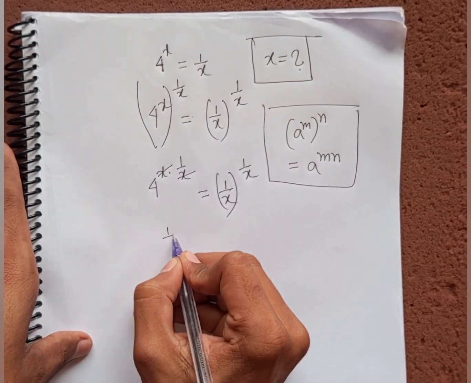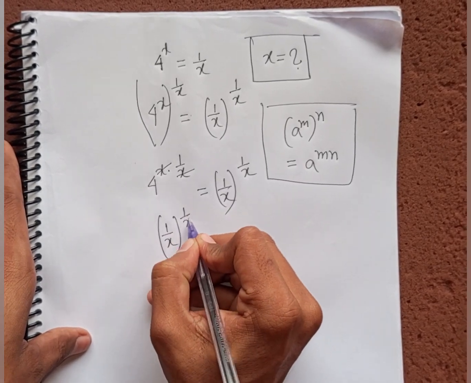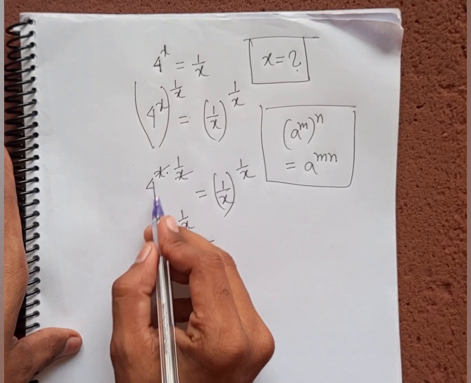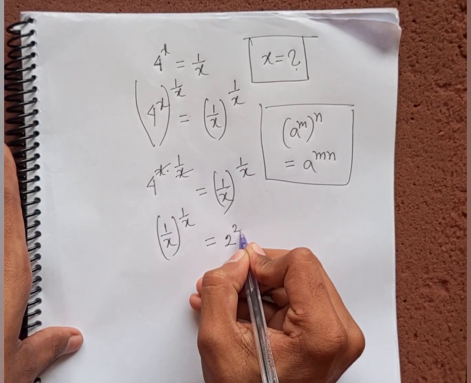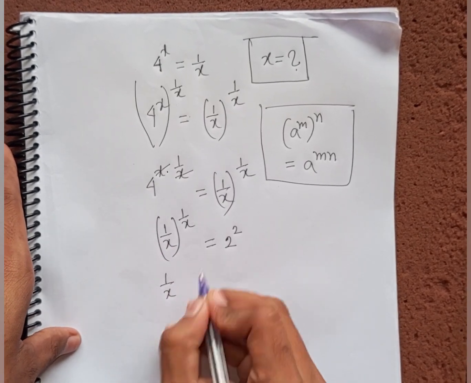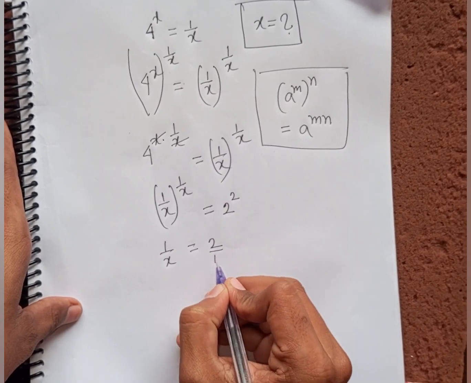So we have 1 by x bracket power of 1 by x is equal to 4 power 1, which is the same as 4. So 4 can be written as 2 power 2. Now I can write here 1 by x will be equal to 2. 2 is the same as 2 by 1.